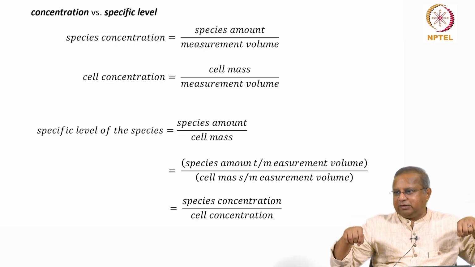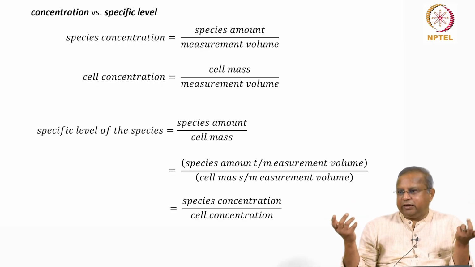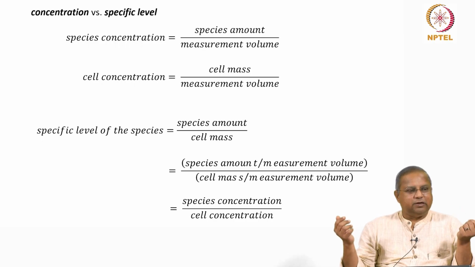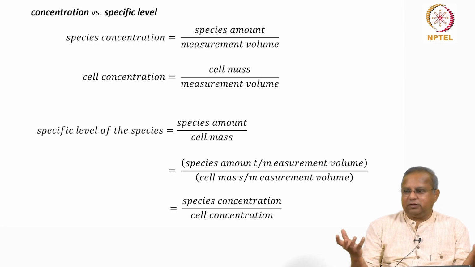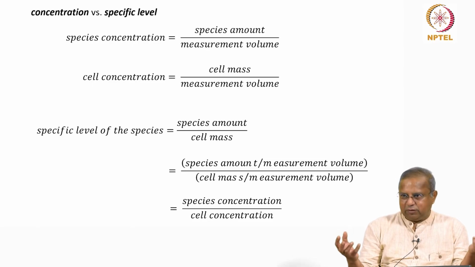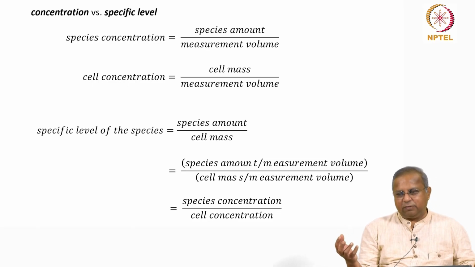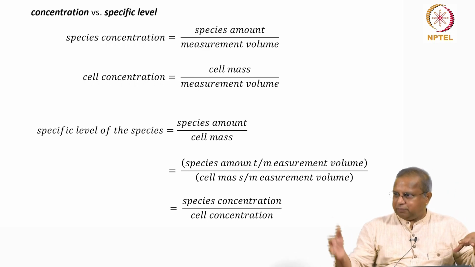You add the same concentration of, let us say, menadione, a superoxide inducer. Assuming it is well mixed, the amount of menadione available per cell to the 10 power 5 cells per ml is 2 orders of magnitude higher than that available to the 10 power 7 cells per ml. Per ml we are talking about. The total number of cells is going to be per ml into the total ml.